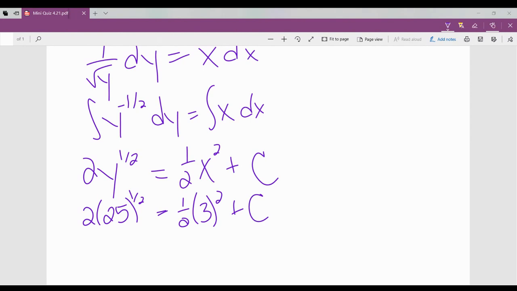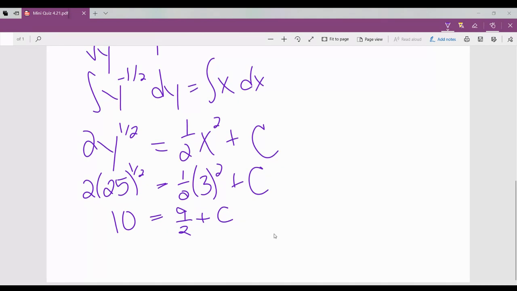Okay, so we've got the square root of 25 is 5, 5 times 2 is 10, equals 3 squared is 9, 9 times 1/2 is 9 over 2, plus c. All right, so we're going to solve for c, so minus 9 over 2, so that's 20 over 2 minus 9 over 2, 11 over 2 equals c.